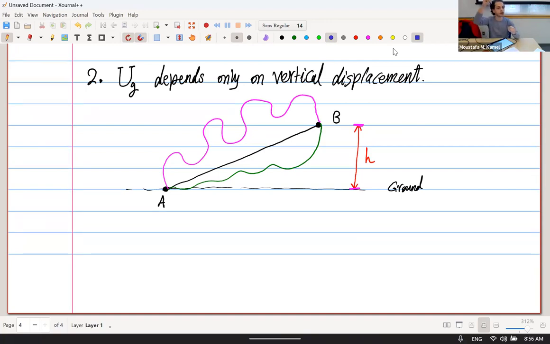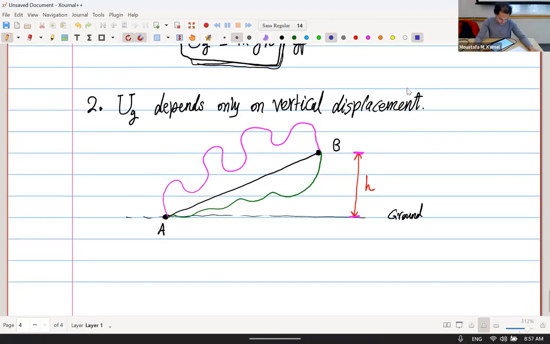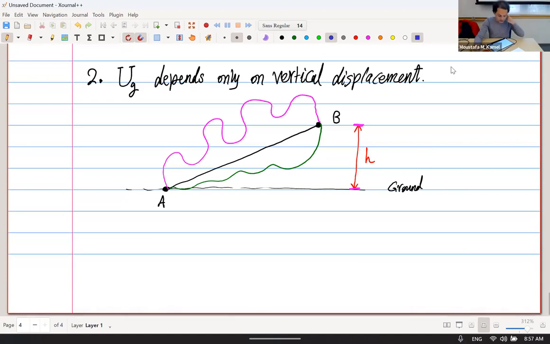It only cares about the height. So that's it for gravitational potential energy. The formula is mgh, where h is the height from the ground, and it only depends on the vertical height.